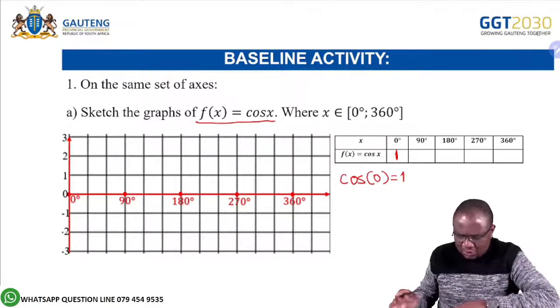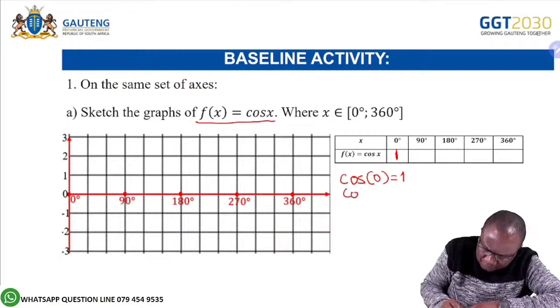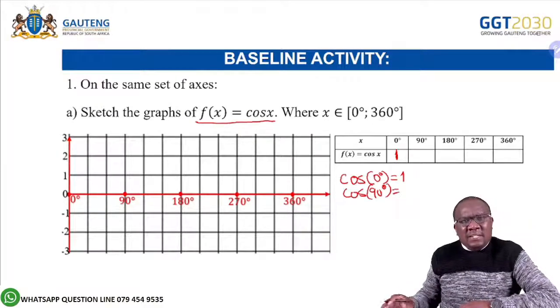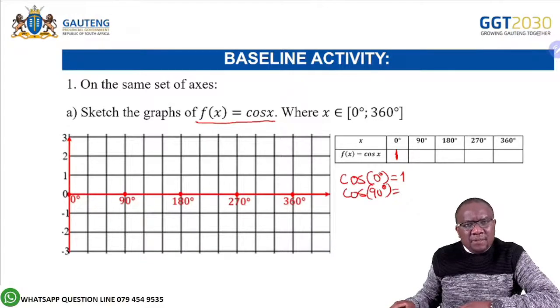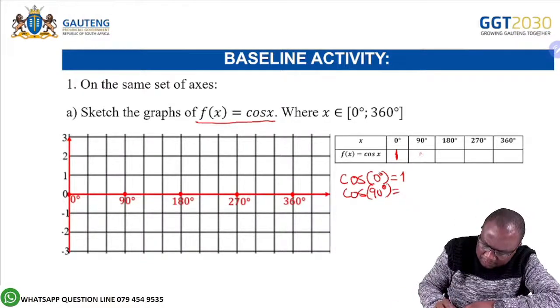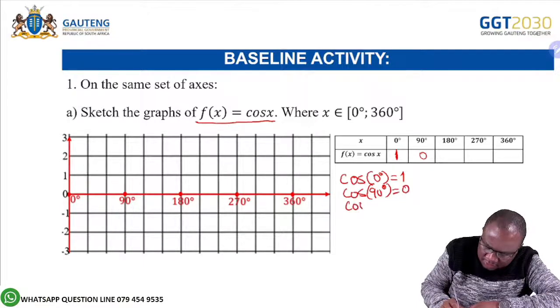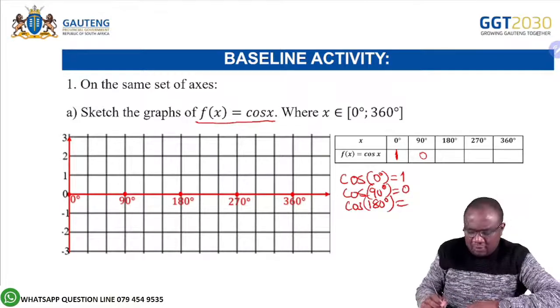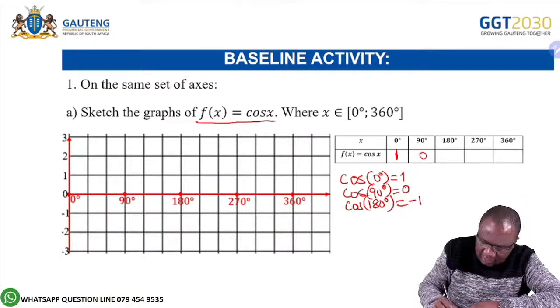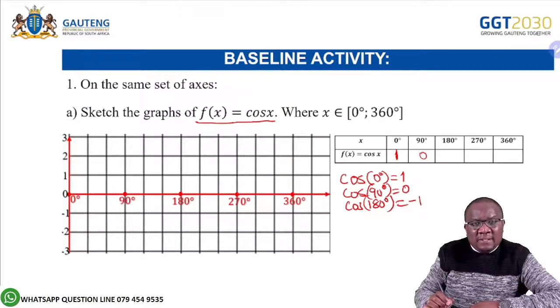Okay. Right. Let's go to cos 90 degrees. Sorry, this should be in degrees. What is cos 90 degrees? Enter it in your calculator. It is 0. And then cos 180 degrees, what is it? You must get negative 1. Are you getting negative 1? Just use your calculator.